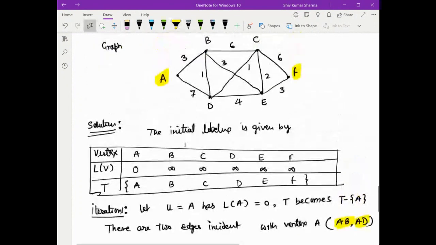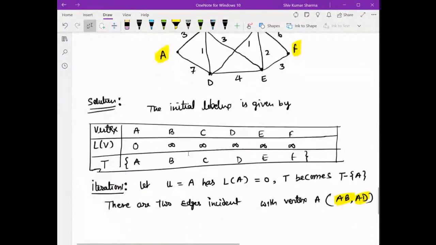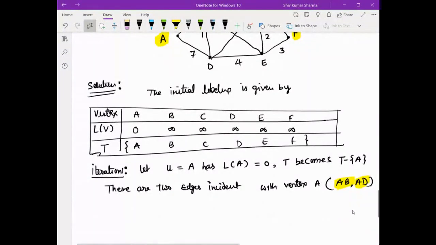Understand? So first we give the permanent level to the starting vertex, that means permanent level is 0. And next step, we see how many edges are incident with that vertex. There are two edges, this edge and this edge. So AB and AD are incident with vertex A.